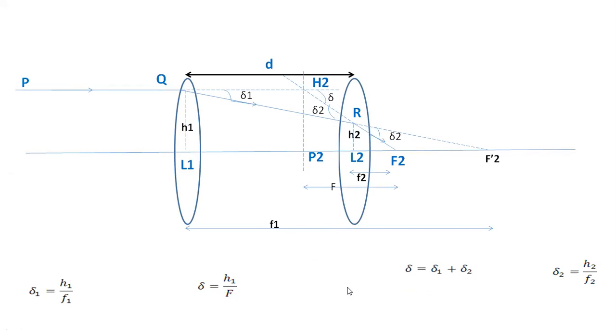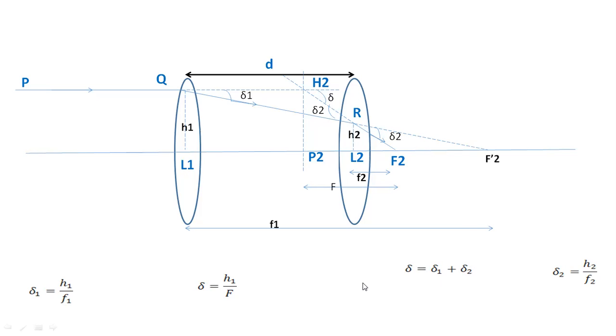Therefore, the exterior angle delta is equal to the sum of the two opposite non-adjacent interior angles. Delta is equal to delta 1 plus delta 2. What's the meaning of that? The deviation produced by the first lens and the deviation produced by the second lens, if we add both deviations, we get the deviation produced by the equivalent lens.